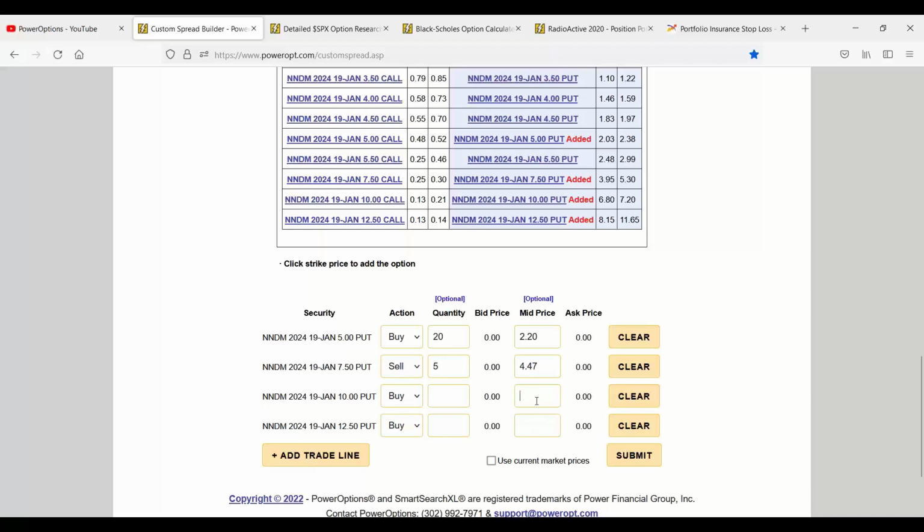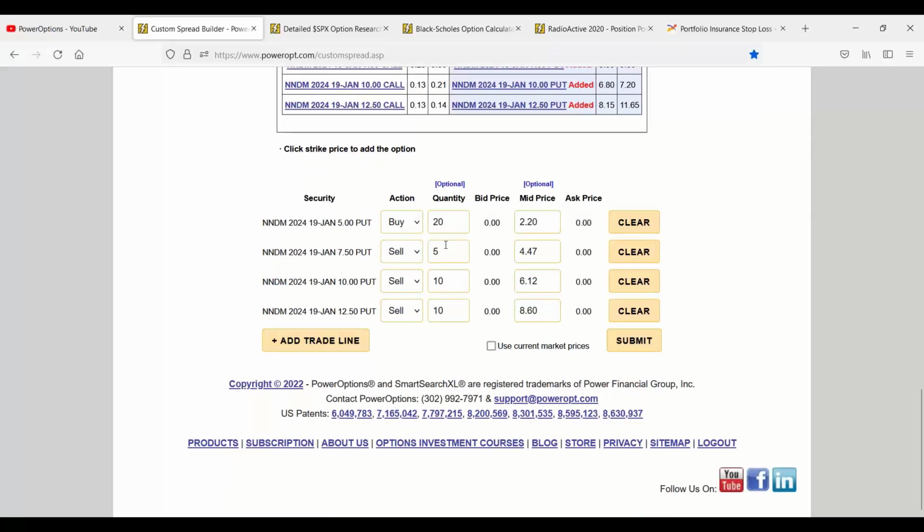Sold 10 at 612. And sold 10 at 860. Okay. All right. So we've got 25 short, 20 bought.